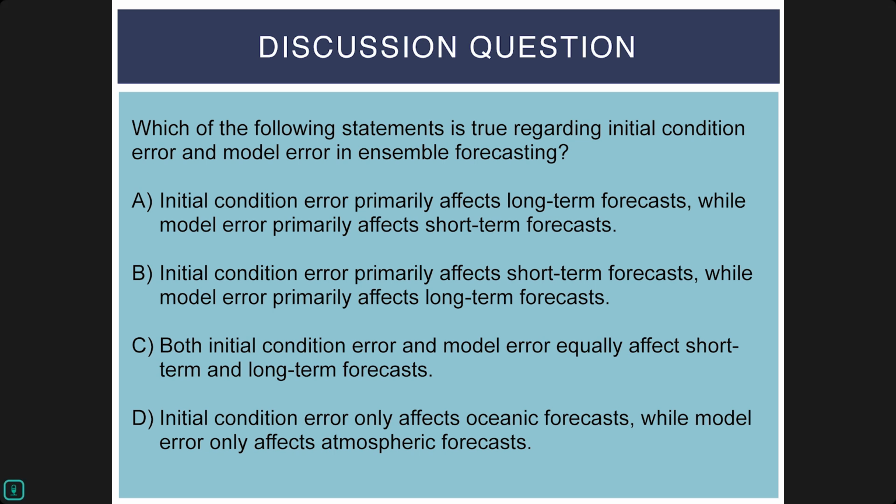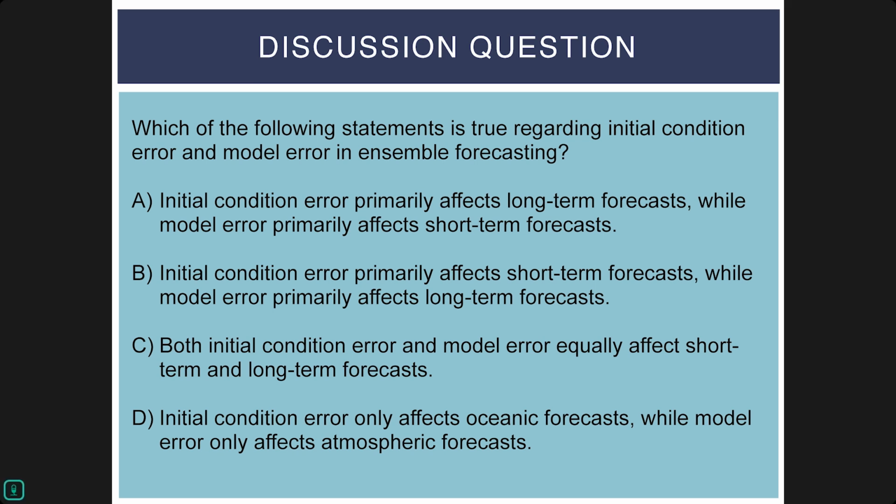B, initial condition error primarily affects short-term forecasts, while model error primarily affects long-term forecasts. C, both of them equally affect short and long-term forecasts. And D, initial condition error only affects oceanic forecasts, while model error only affects atmospheric forecasts.